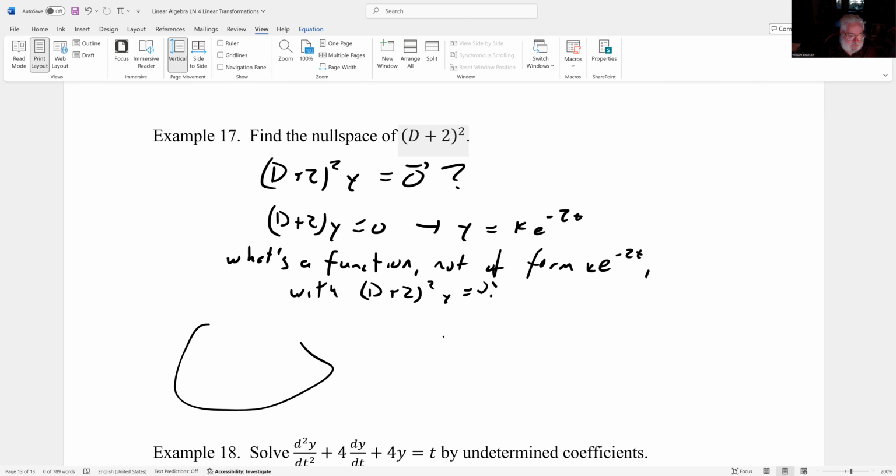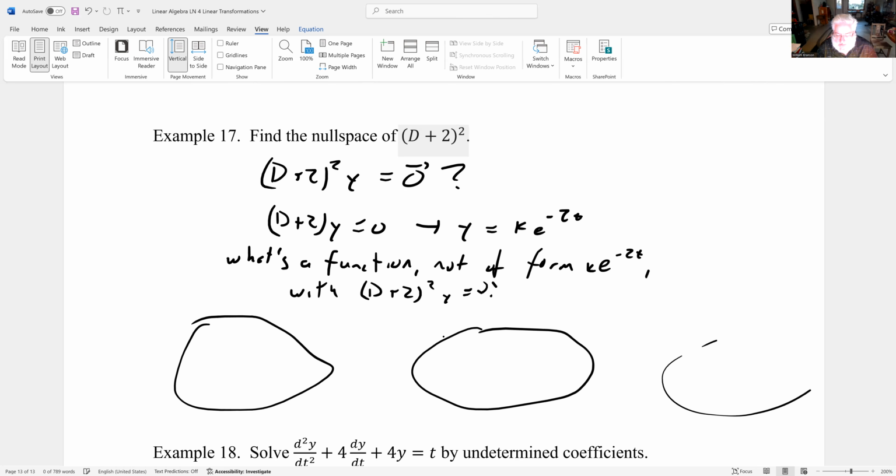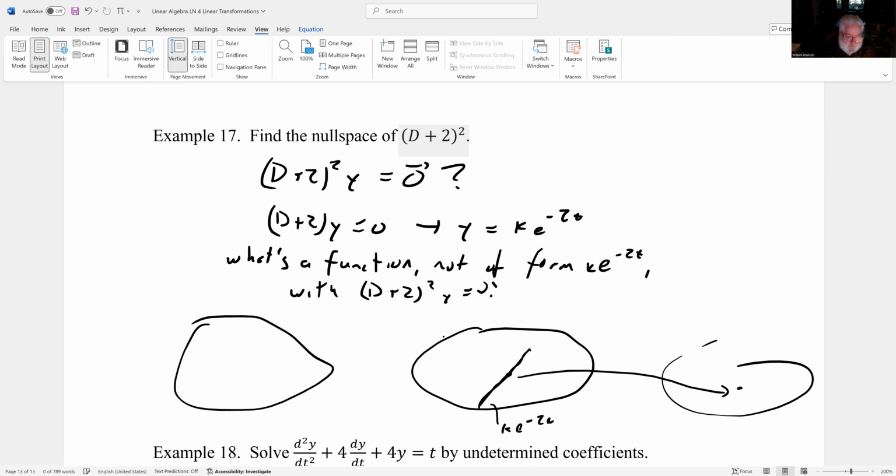Right? So we want to start with sets of functions. We know k e to the minus 2t, that this whole line here gets mapped to 0. And we know back here in our function space, so this is d plus 2.